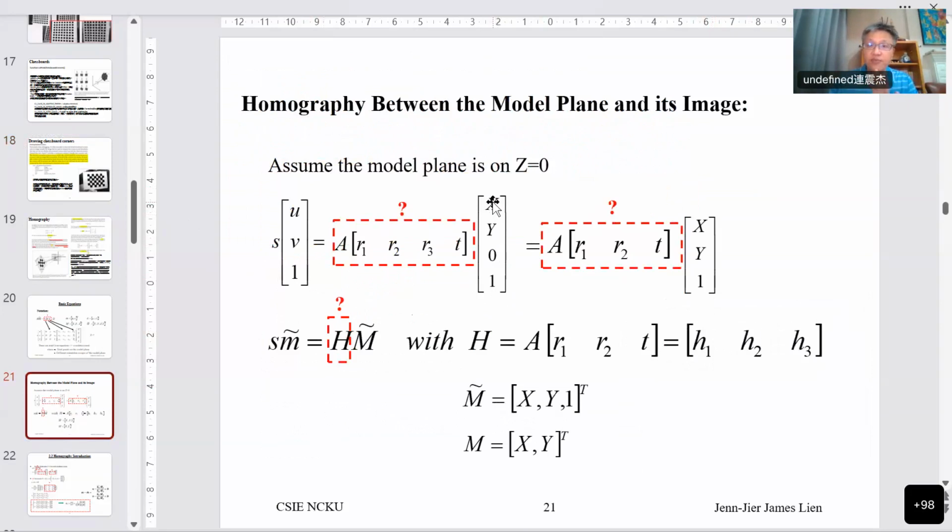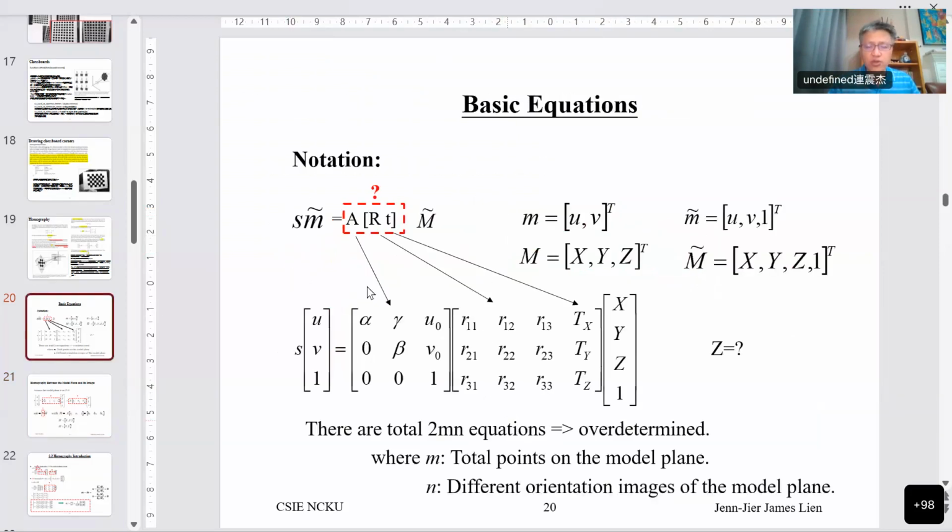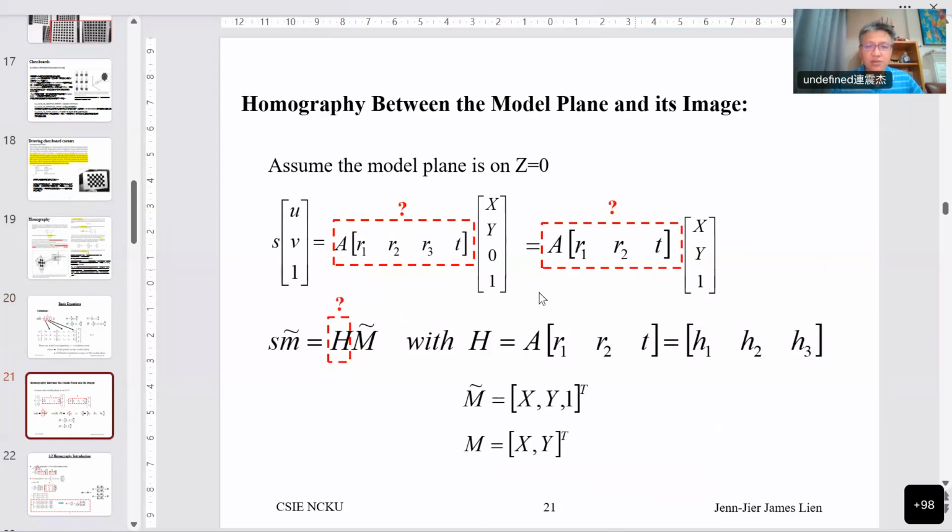So this is in 3D, and the position unit is centimeter. And this is the image, and the image unit is pixel. First, this orange one: because it's a plane, the plane means there is no depth, so the z value becomes 0.